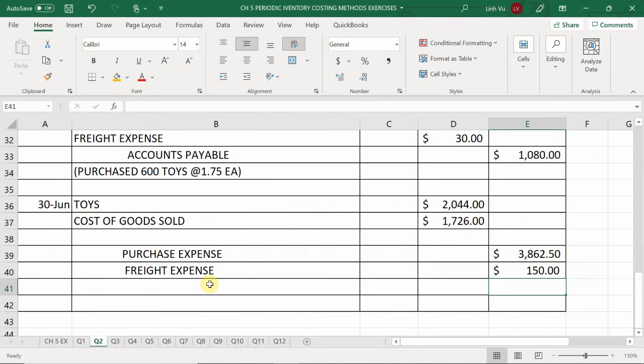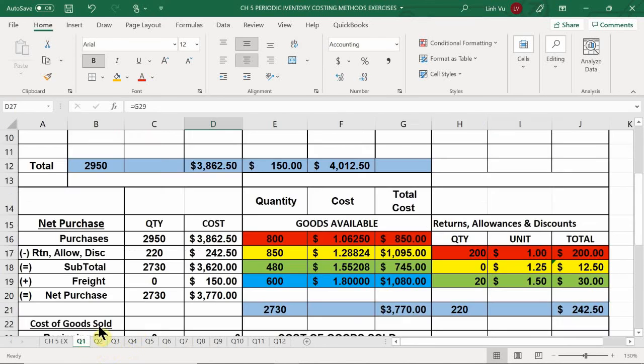What was my total purchase expense? My table tells me that I purchased a total of 2,950 units at a total cost of 3,862.50, right? And my freight is a separate cost, which was 150, right?